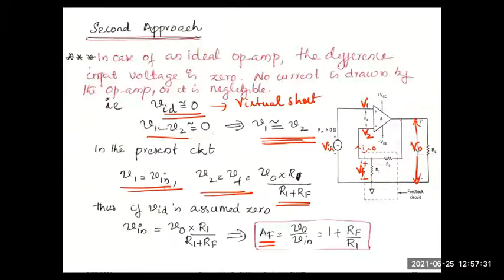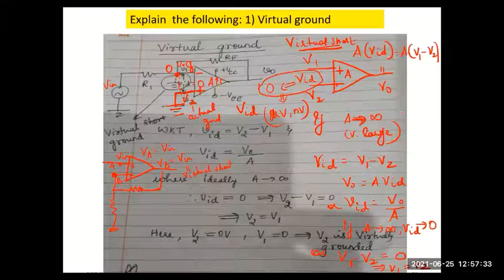So where did the rest of the voltage drop, ma'am? Like V1 is some value. Are you talking about this? Yes, ma'am, this one. Here, the non-inverting terminal is grounded, and input is given to the inverting terminal.